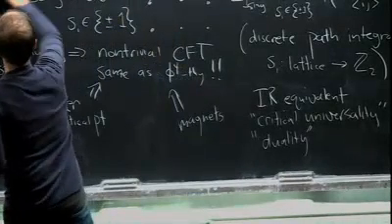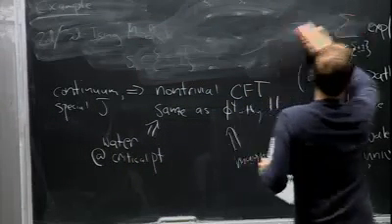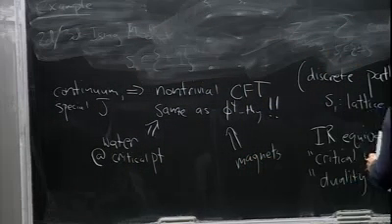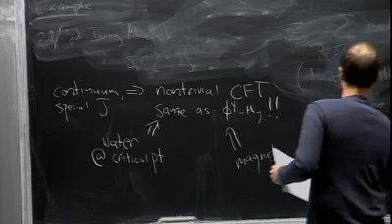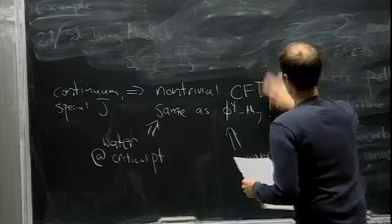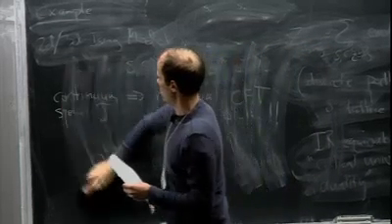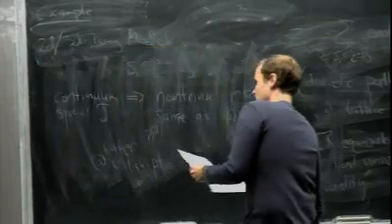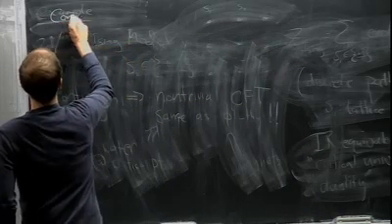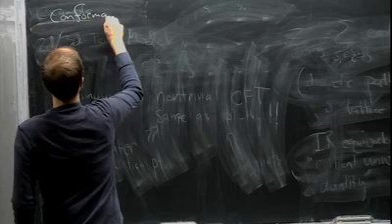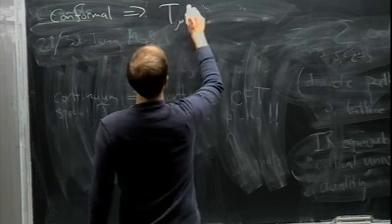But in a conformal theory, we can say more. And the reason is that there's an additional condition on the stress tensor besides simply conservation. So in a conformal theory, the stress tensor is also traceless.